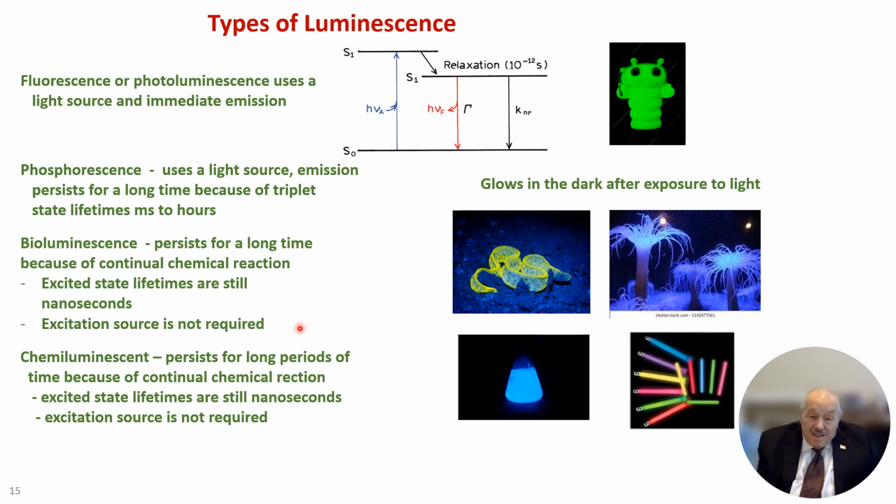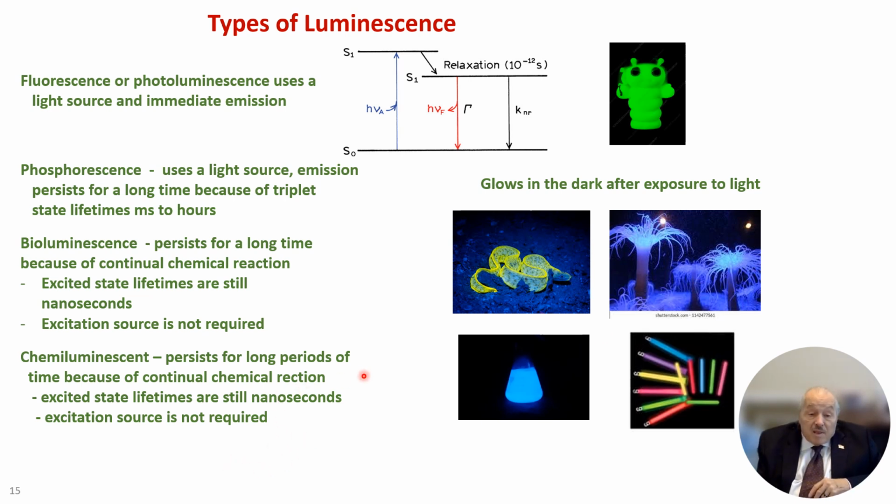It's driven by a continual chemical reaction, and the moment the chemical reaction creates the excited state species, it emits in nanoseconds. So it still has the characteristics of fluorescence, but there's a continuous chemical reaction going on in the organism that is generating the excited state precursor.